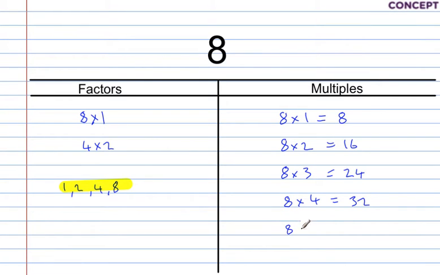And 8 multiplied by 5 is 40. So the numbers that are the multiples of 8 would be 8, 16, 24, 32, and 40.